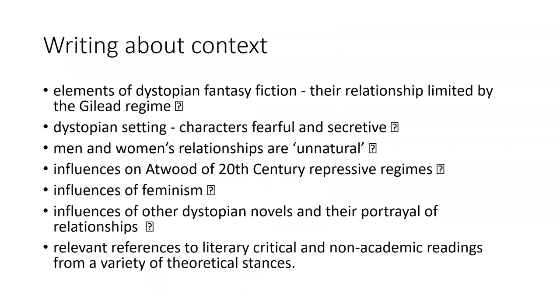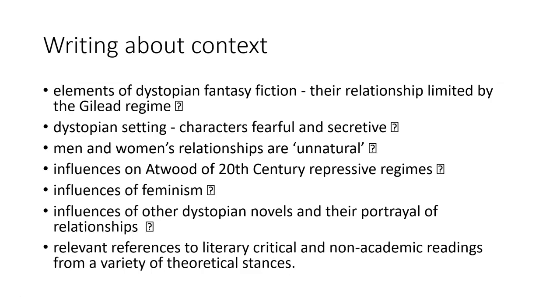So initially here's the context, some ideas that you could write about. Elements of dystopian fantasy fiction and the way that the relationship is limited by the Gilead regime. You've got this dystopian setting where characters are fearful and secretive. Men's and women's relationships are depicted as unnatural in the novel, and that's because of this totalitarian regime.